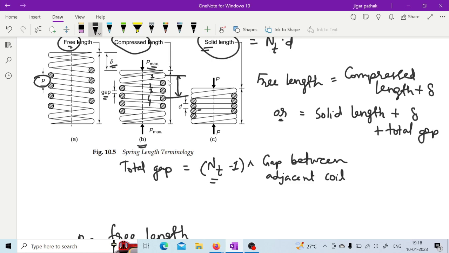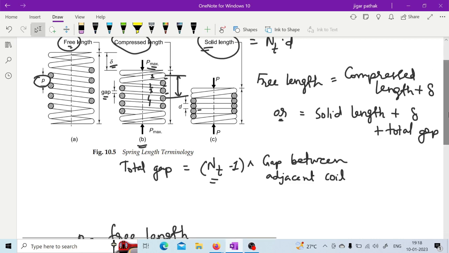It will be 4 minus 1 into this gap, that is 1, 2 and 3. So, for example, as I have explained here, it will be nt minus 1 into the gap between adjacent coils. Are you getting it? Yes, sir. Right, so like this you can define it.